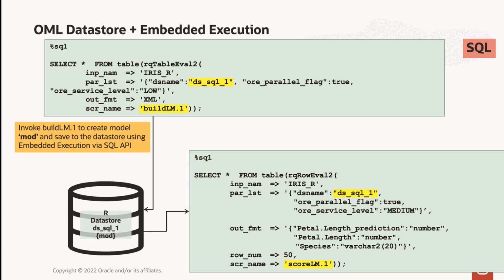Score LM1 will load the model that was just created by the RQ table eval function, and then score 50 rows per invocation. So this example can start to represent saving objects to the data store for use within embedded execution functions.